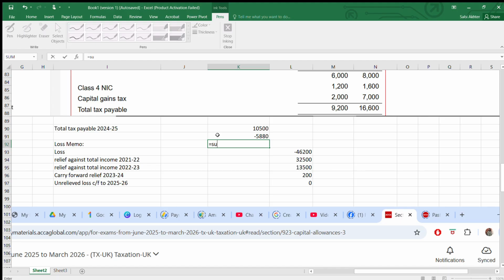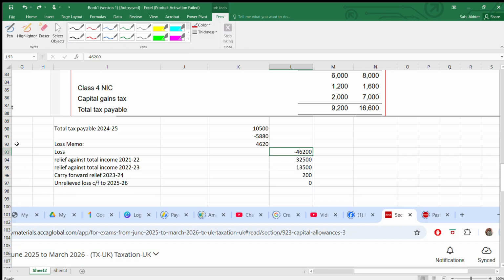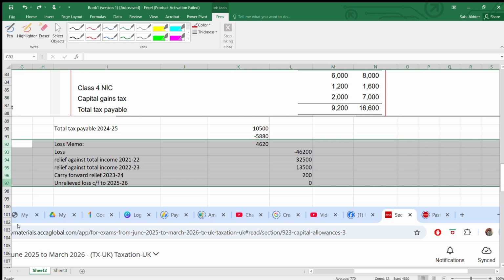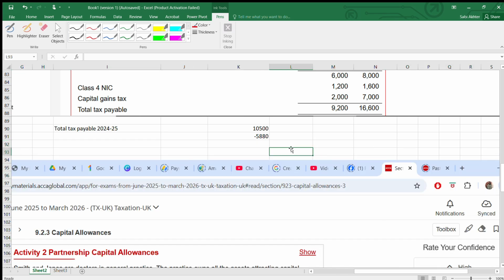So just do the sum function. Let us delete all this. Now use the sum function and find out.